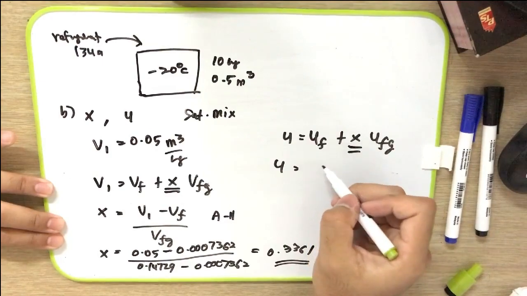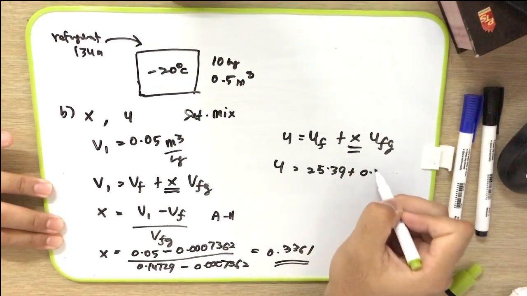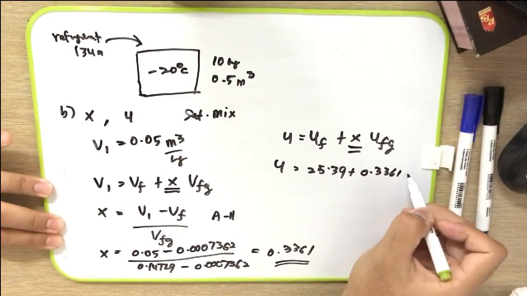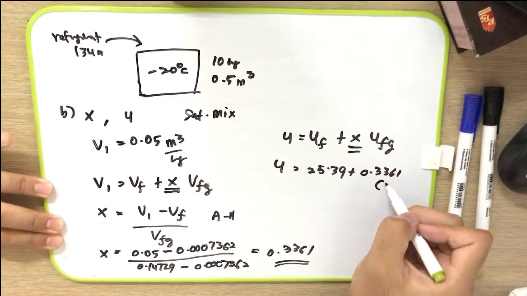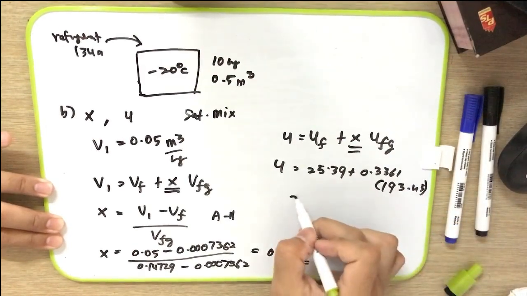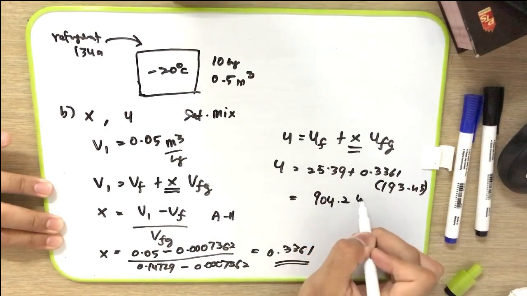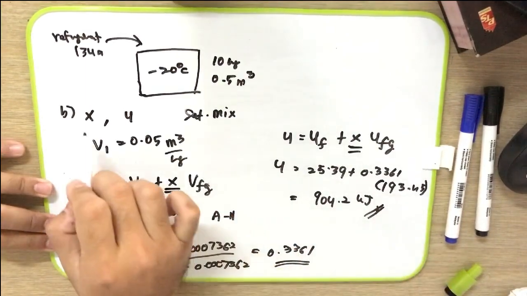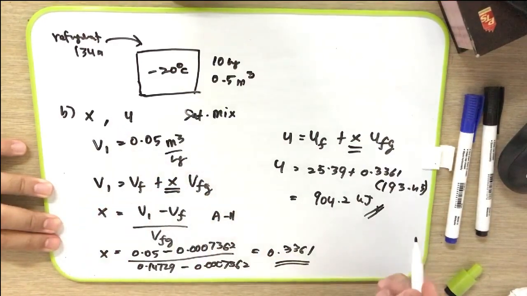UF is 25.39 plus 0.3361, multiply with UFG, which is 193.45. So you will get 904.2 kilojoule. That's how we find X, the quality, and also the total internal energy inside the vessel.